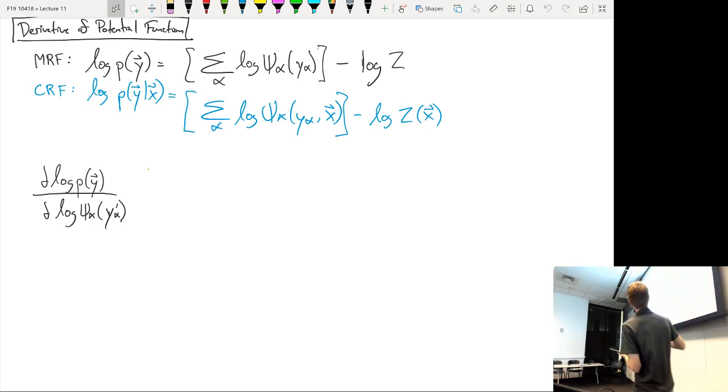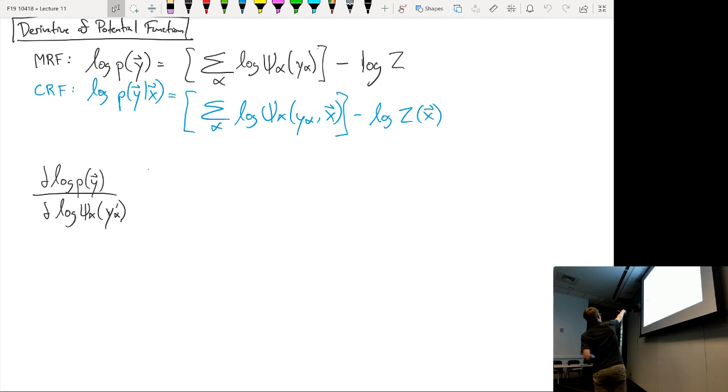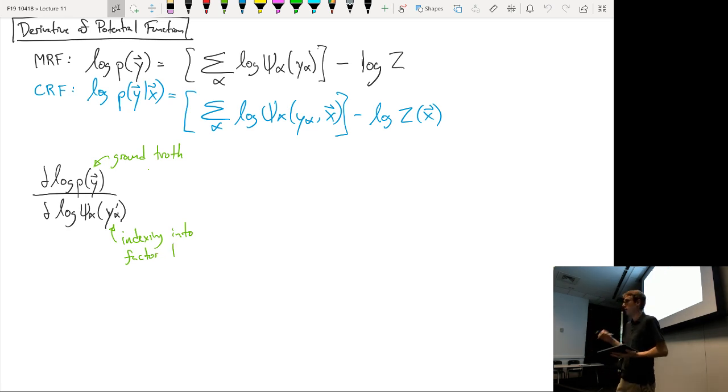Okay. So that log P of y is with respect to whatever we actually observed. And then by contrast, in the denominator, we have this derivative with respect to y prime, which is just sort of indexing into the factor table. And we're going to take derivatives with respect to every single entry in Z prime.